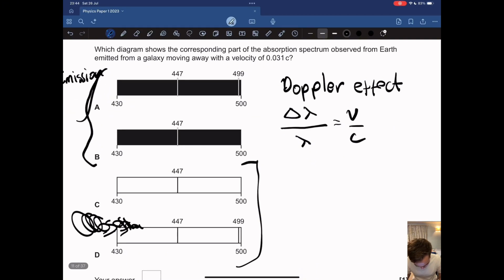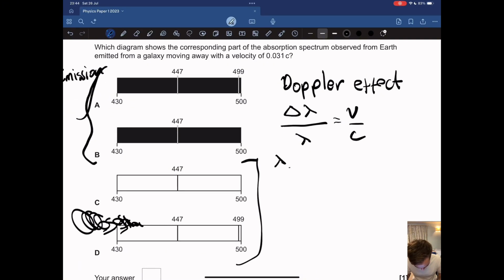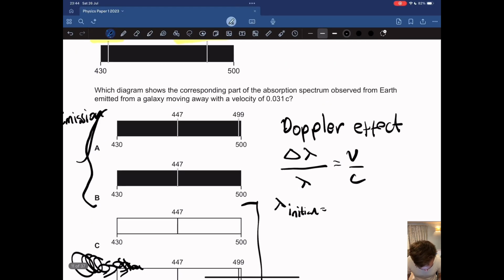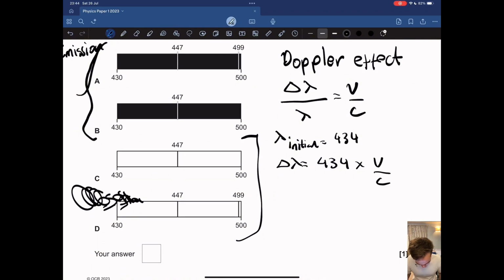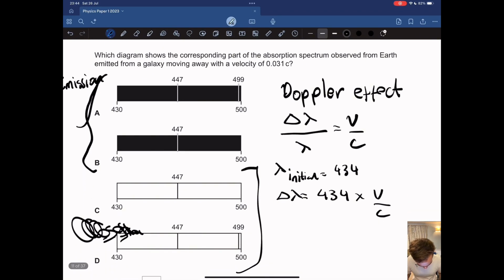So if our initial wavelength is 434, then our change in lambda is going to be 434 times v over c. So v is 0.031 c. So 0.031 c over c, which cancels.